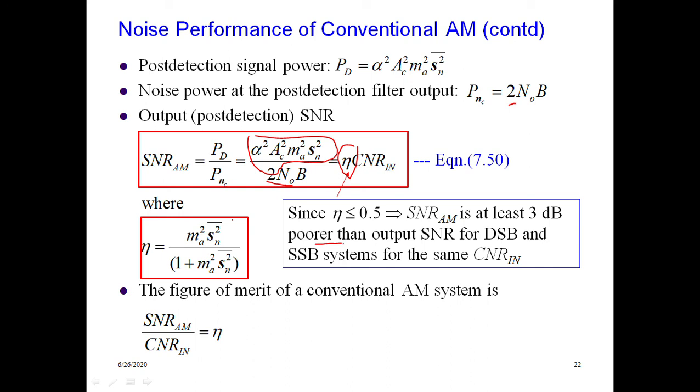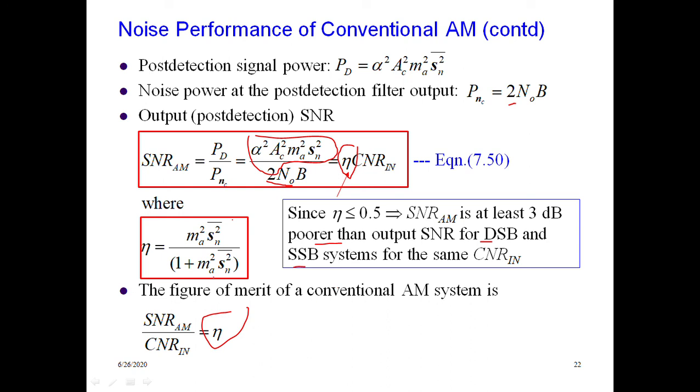So that means if we use conventional AM, the quality of the signal and the carrier will be lost by at least 3 dB compared to DSB and SSB. Because for SSB and DSB, the CNR and SNR are equal, and the figure of merit is 1. So it will be perfect, as much as the carrier, at post-detection and pre-detection.